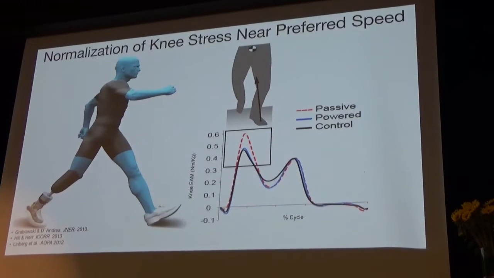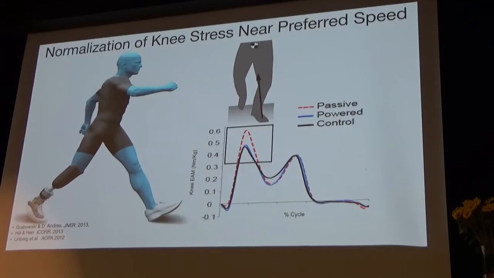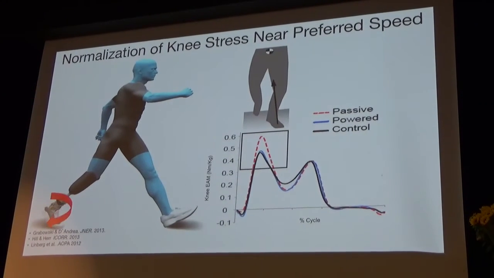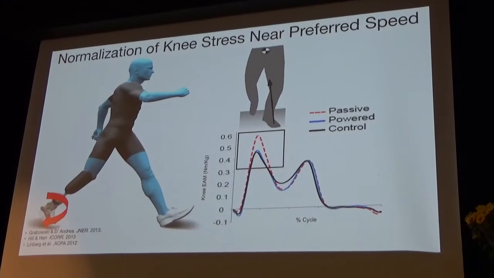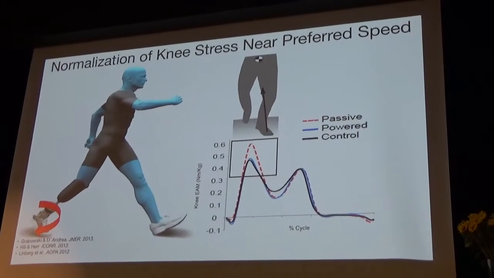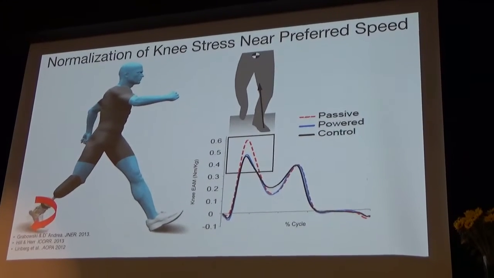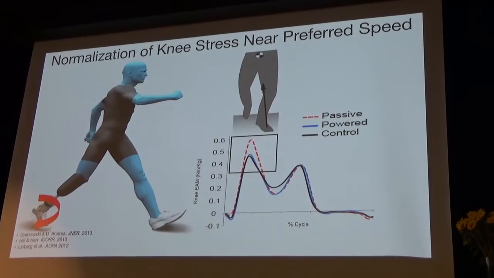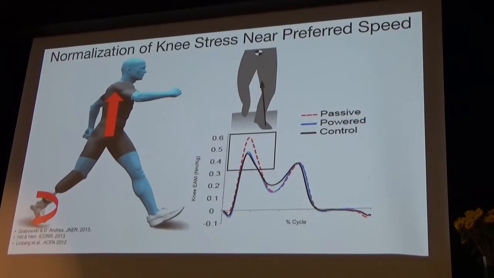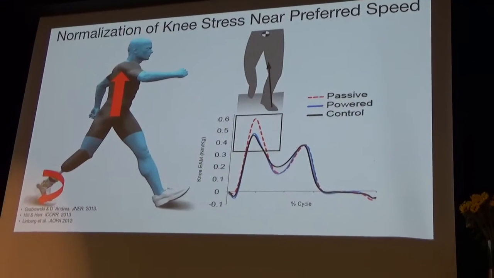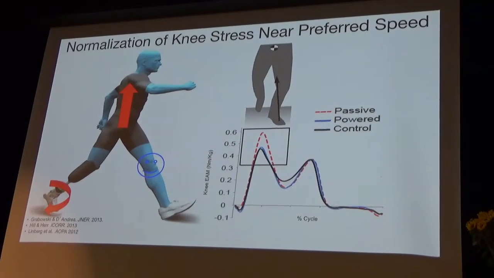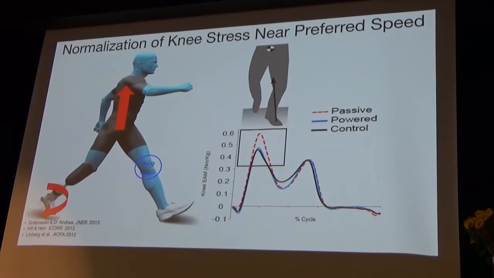First, let me tell you a story related to walking and knee stress. In the trailing leg in walking, both biologically and with this prosthesis, the trailing leg joint applies very high mechanical powers just at the right time, which tends to affect the center of mass, lifting it, and that reduces stress on the leading leg.